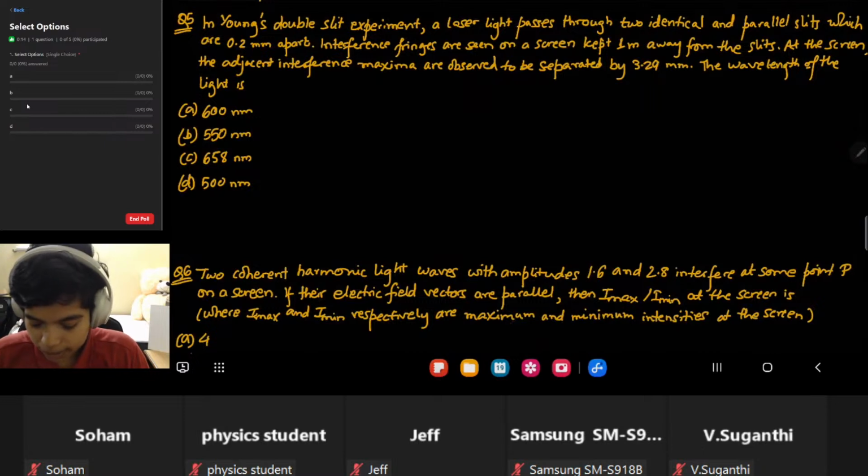Interference fringes are seen on a screen kept 1 meter away from the slits. At the screen, the adjacent interference maxima are observed to be separated by 3.29 millimeters. You need to find out what the wavelength of the light is, given the conditions of this Young's double slit interference experiment.